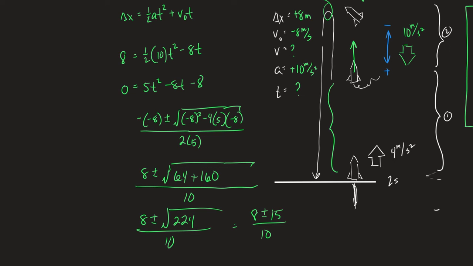But the 8 plus 15 works out great. So 8 plus 15 is 23 divided by 10, 2.3 seconds. This is not the answer. It's close to the answer, but it's not the answer. The total time in the air is 2.3 seconds plus the 2 seconds the engines were firing, so 4.3 seconds. That's the answer.